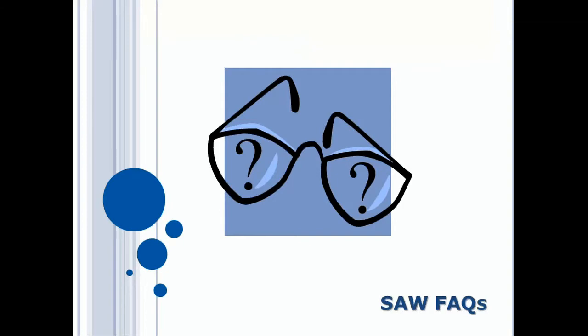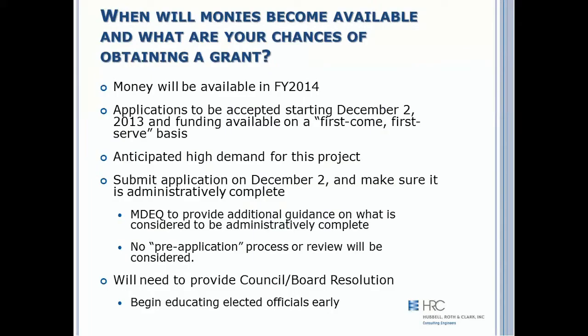At this time, I'm going to turn it back over to Keith to talk about frequently asked questions. All right, thanks, Karen. We've met with a number of communities to talk about this program, and there are some pretty similar questions that come up. First of all, when is this money going to be available? I think I mentioned earlier that the first round will be issued April of 2014, although you are able to submit an application beginning on December 2nd.